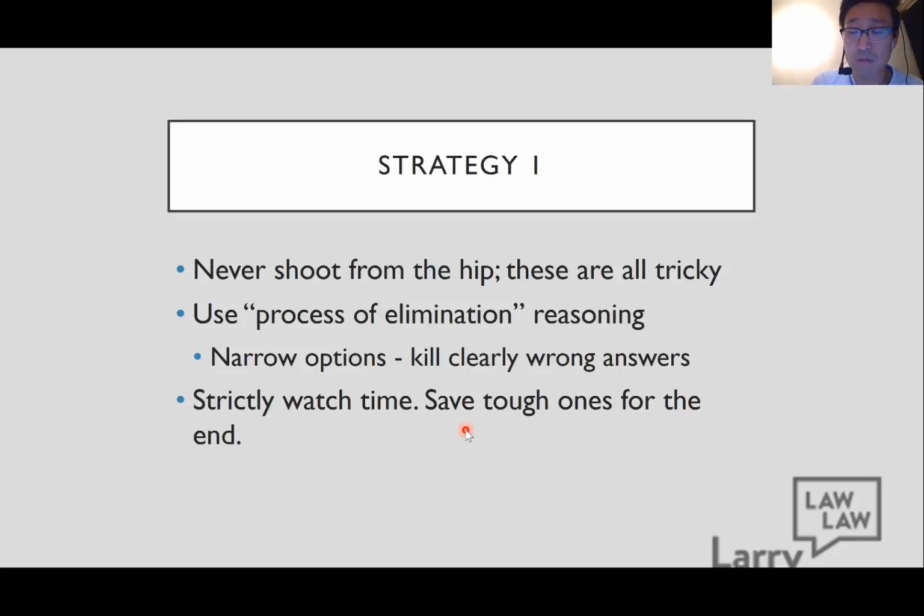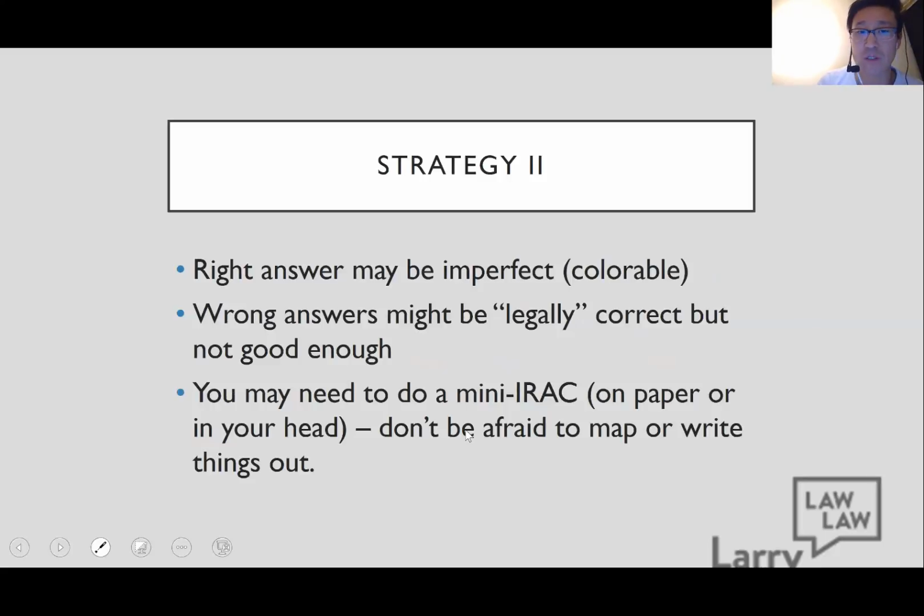More recent brain research says that our brain does work this way. It also gives you the confidence that you finished the other ones and that these tougher ones you can spend a little more time on at the back end. Okay, those are the more generic ones.